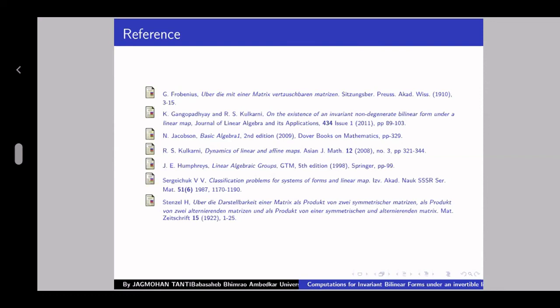For these three types of categories, we could get some good answers. So in this way we are generalizing this result. This was about one linear transformation, and that is the group of linear transformations. We are again answering the same type of questions for the space of bilinear forms invariant under a group of linear transformations.